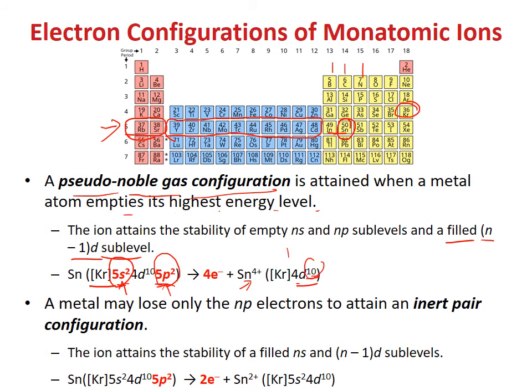So that's a stable configuration called the pseudo noble gas configuration. On the other hand, more commonly, tin loses 2 electrons from the p orbital, so the s orbital stays filled, and the d orbital is also filled, and this is called the inert pair configuration. So tin can lose 4 electrons, and can also lose 2 electrons.